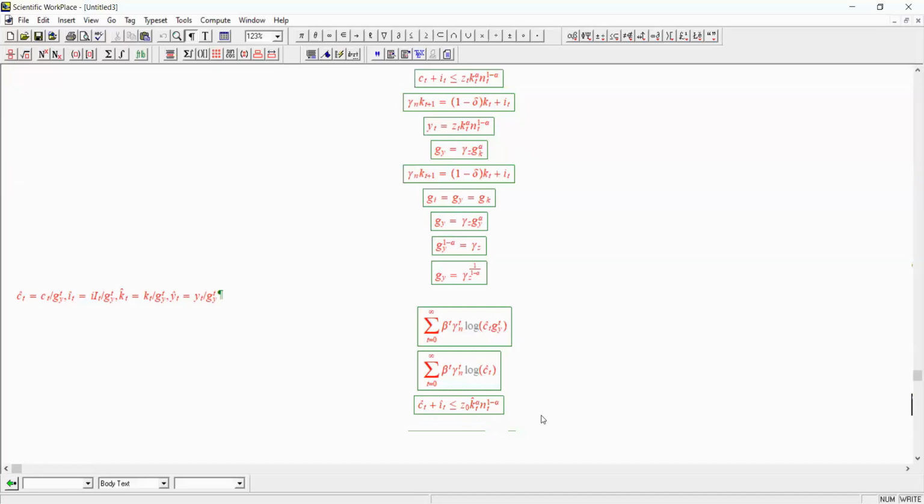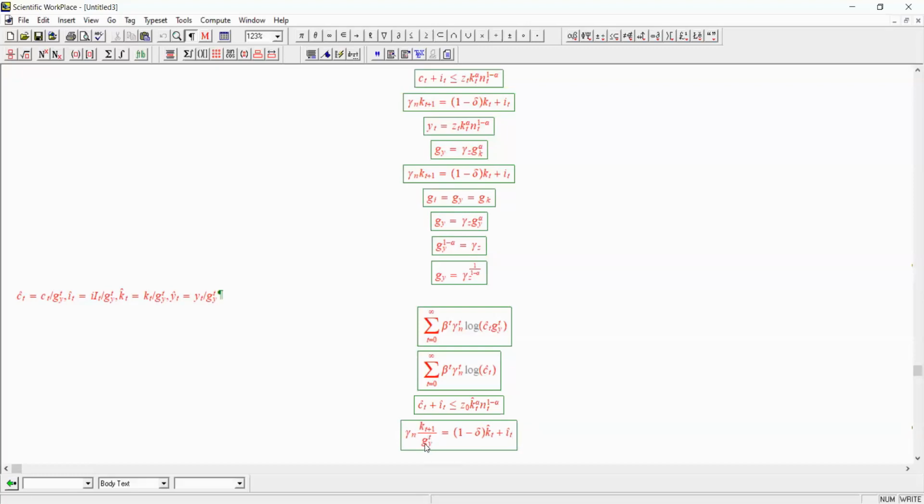The last constraint we need to detrend is this one. So divide both sides by g_y to the t. This, of course, is k hat. This is I hat. And this is not k hat tomorrow.